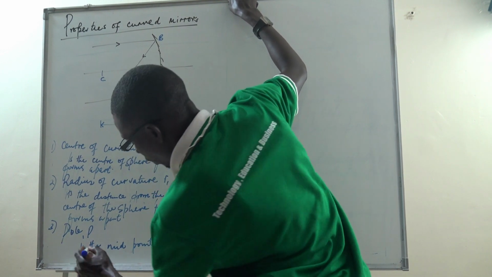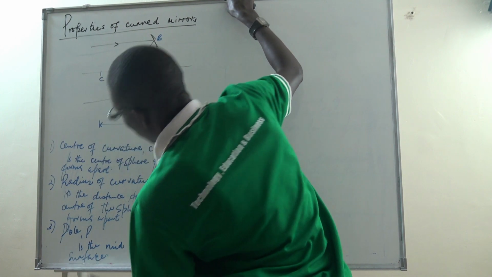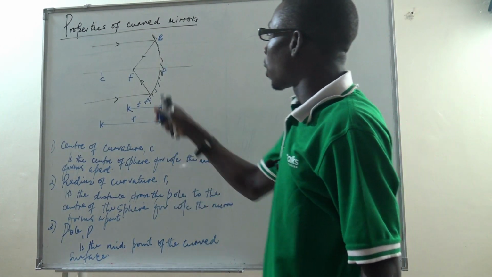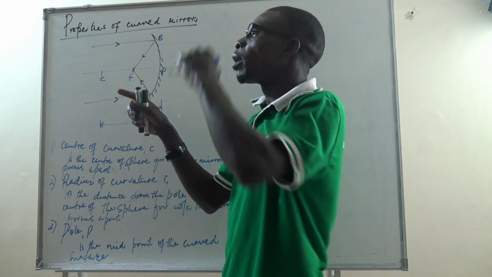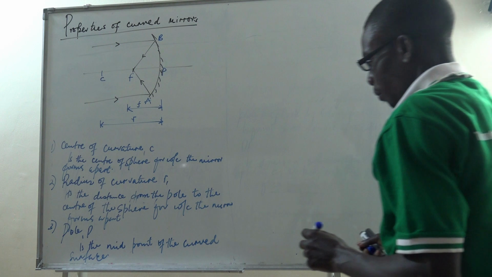Okay? So what we mean by the pole, which is this point here, is the midpoint of the curved surface. The middle is what we are calling the pole.